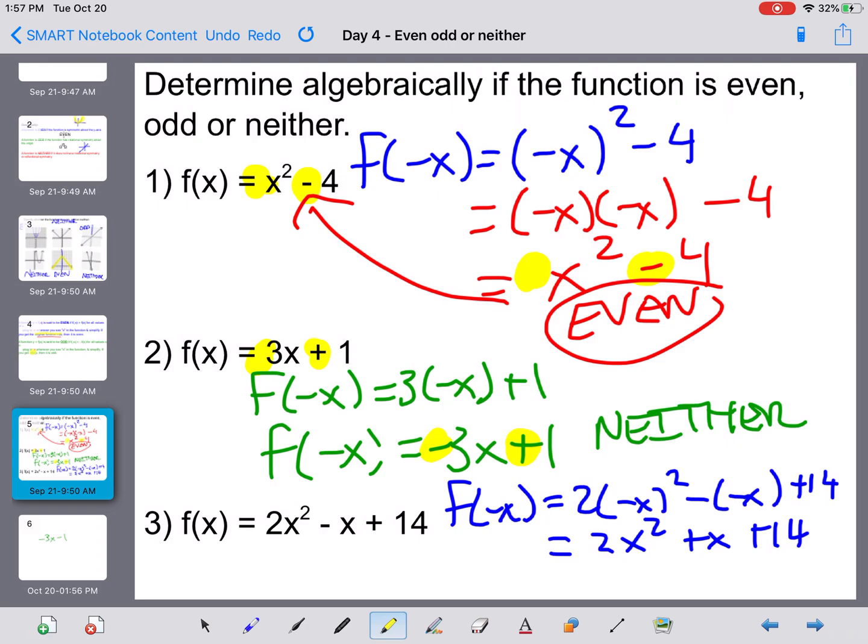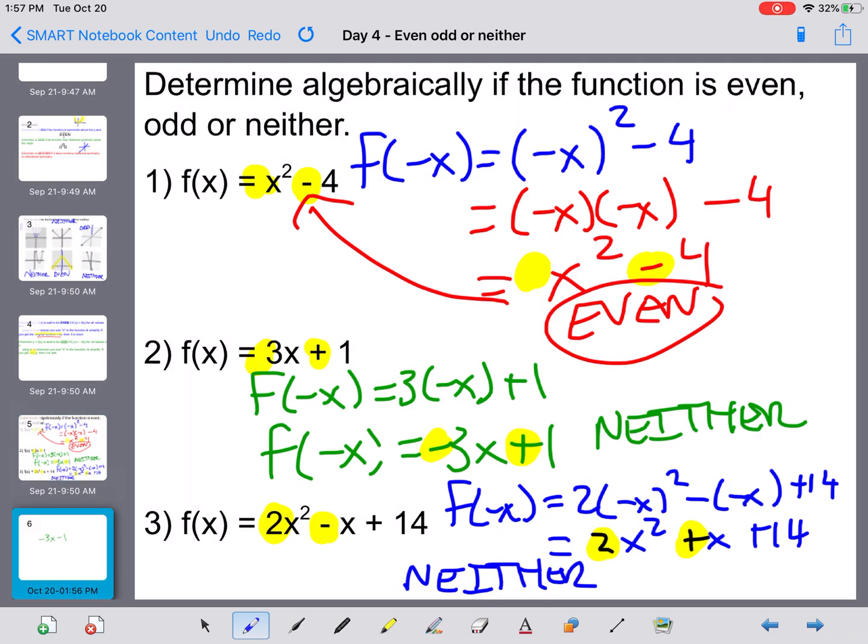Okay, so looking at our signs, we get a positive 2 and a positive 2. So we should know that we're not odd because we haven't switched signs. We have a positive x and a negative x. So now we should recognize that the 2's and 2's show we're not even. The positive x and negative x should show that we're not odd because not everything has flipped. So since not everything is flipped, we are neither in this case as well.